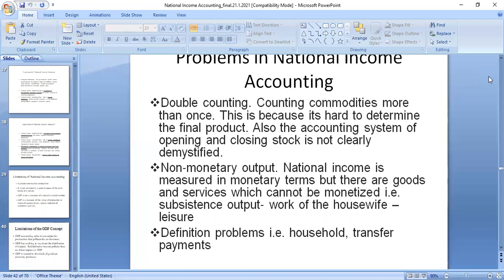What are the problems of national income? Number one is double counting. This GDP national accounting activity has a problem of that. For example, there is a problem of identifying the closing stock and the opening stock. That is a problem.